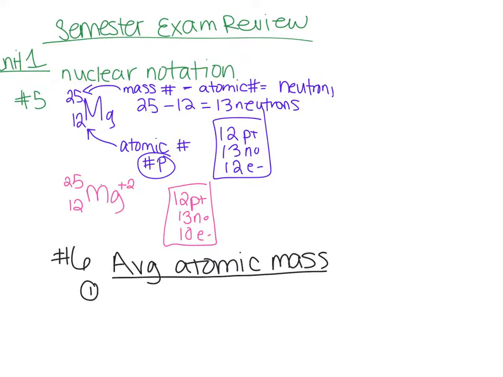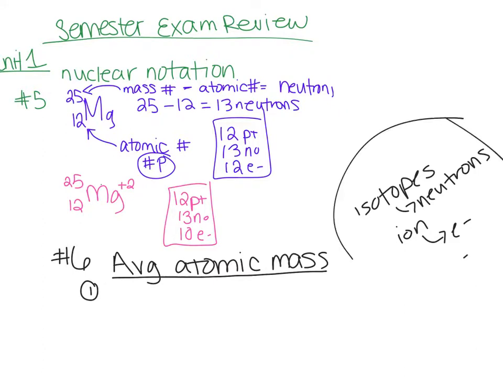Isotopes are the things that have different numbers of neutrons. Just remind yourself of that. Isotopes have to do with neutrons. Ions have to do with electrons. Just remember that. So your average atomic mass has to do with your isotopes.